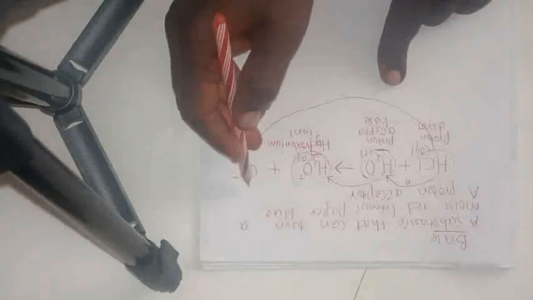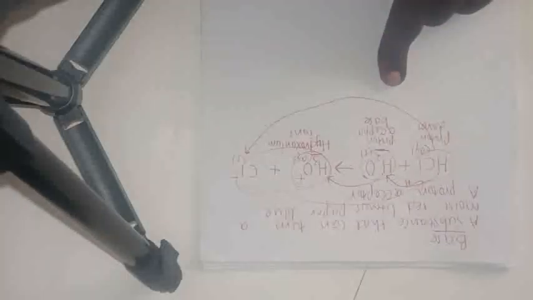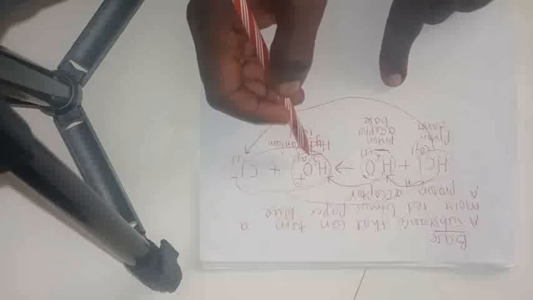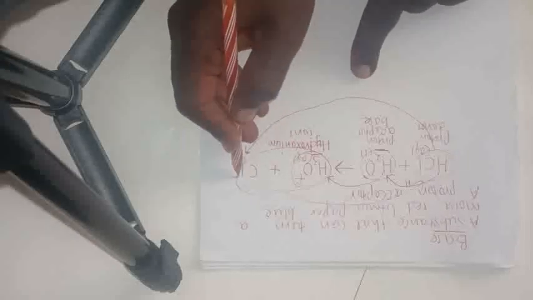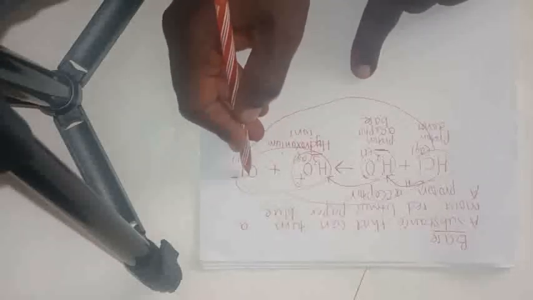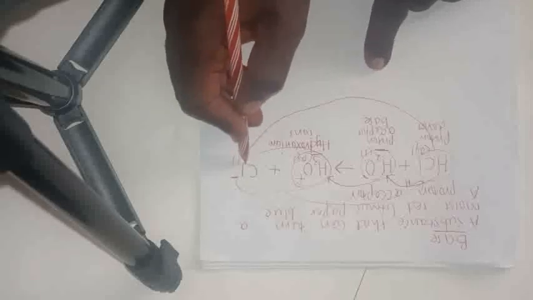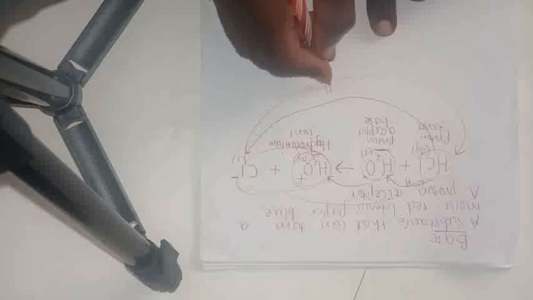Now, just in case you consider this backward reaction from this end to this other end, what are we going to have? We shall ask ourselves, what has happened? This was a chloride ion only getting formed. But you can decide to have this chloride ion gaining a hydrogen for us to have the HCl. Where has this hydrogen come from?